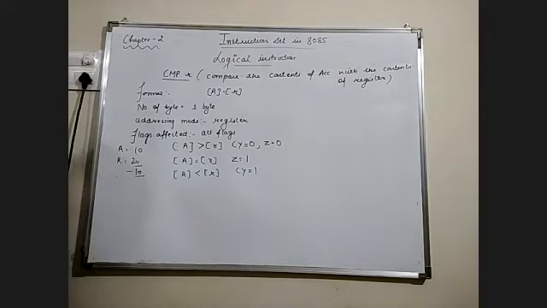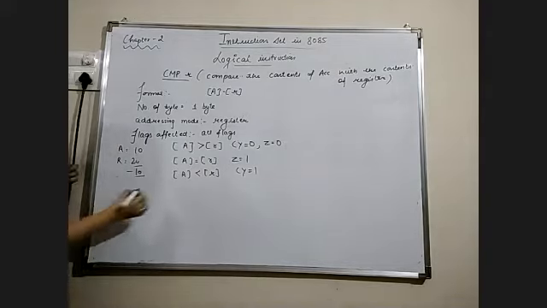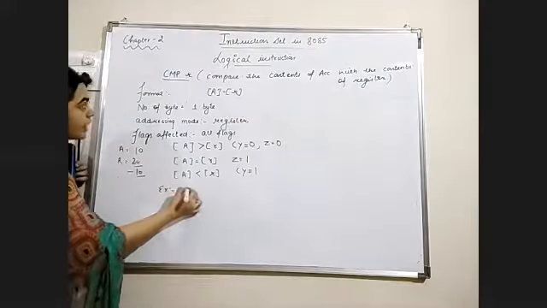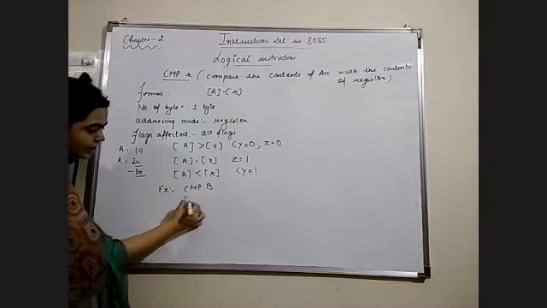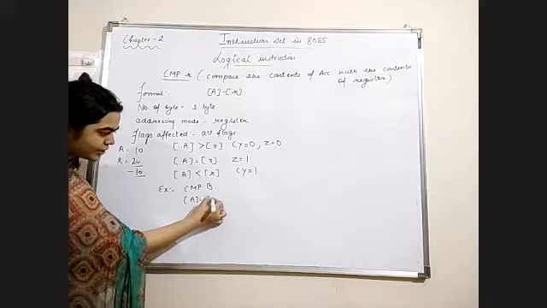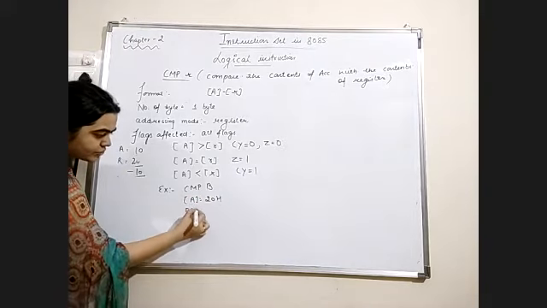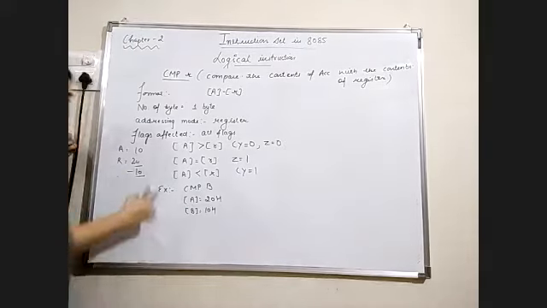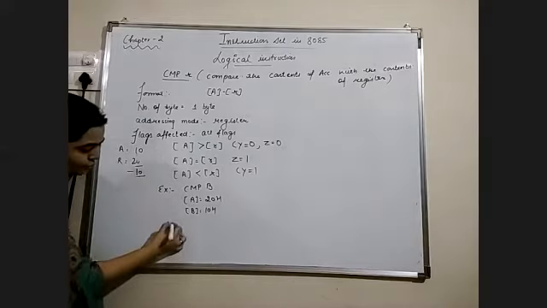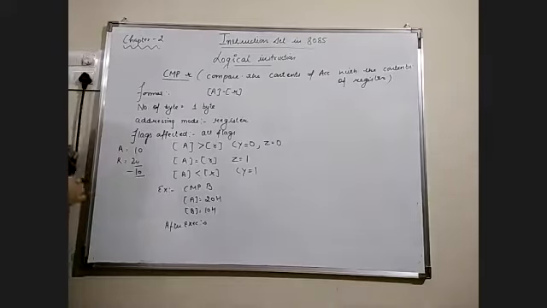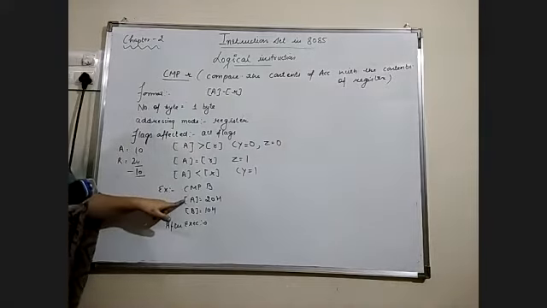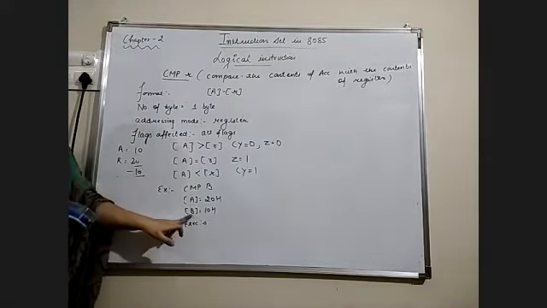Now we can see the example. For example, we have the instruction CMP B, and in the accumulator we have contents 20H, and in the B register we have contents 10H. After the execution of this instruction, the contents of A remain the same, as well as the contents of the B register.